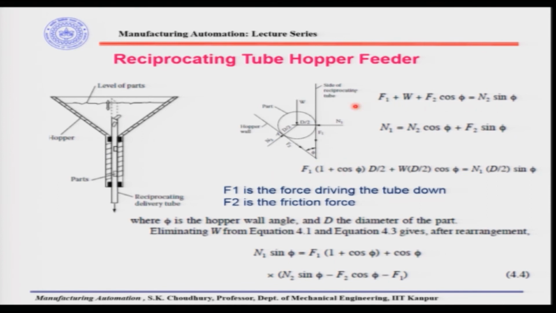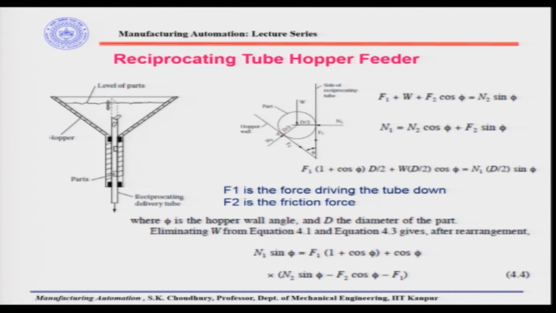So, along the vertical direction, okay, we have F1 in this direction. We have W in this direction, straight. Then we have F2 which is inclined, so it has to be F2 and cos phi. Let me take the pen.